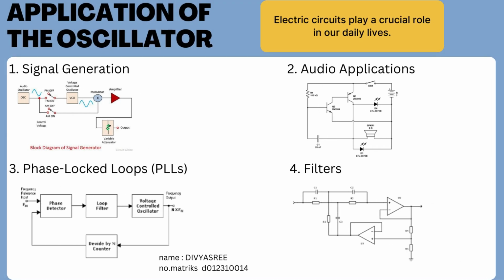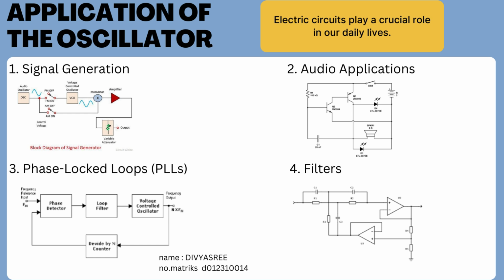Let's look at applications of the oscillator. First, signal generation. Twin-T oscillators are often used in signal generators to produce sine waves for testing and development purposes in electronic circuits and systems. Second, audio applications. Due to their capability to produce low distortion sine waves, twin-T oscillators are widely used in audio applications such as tone generators, audio testing equipment, and musical instruments.